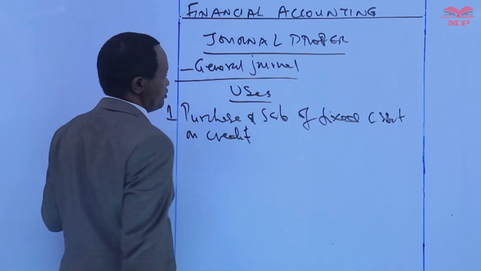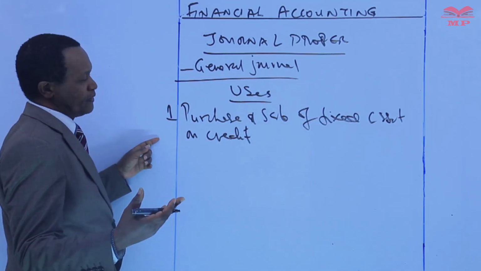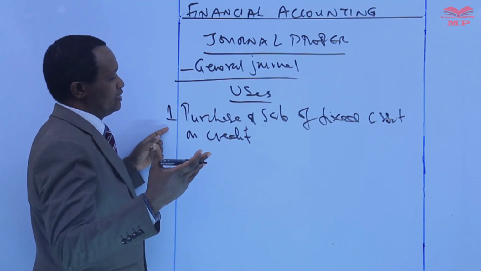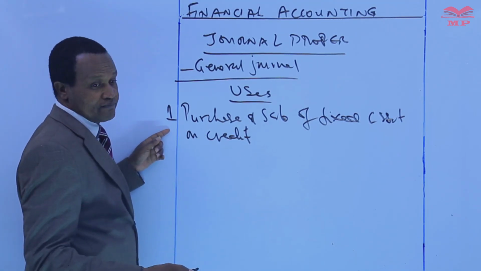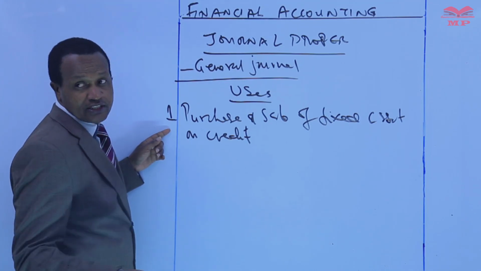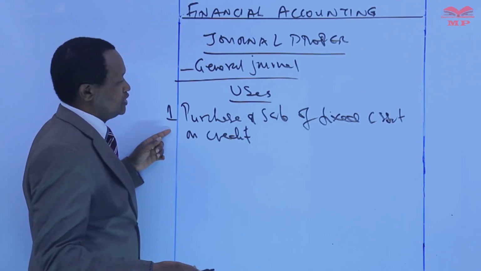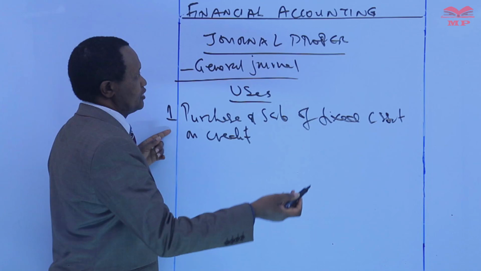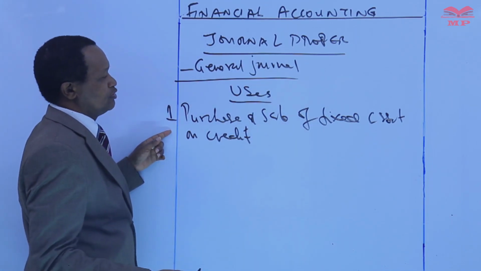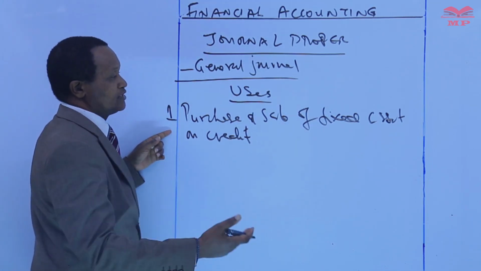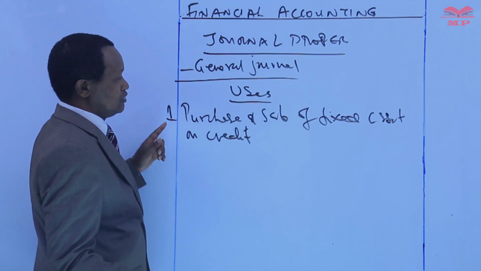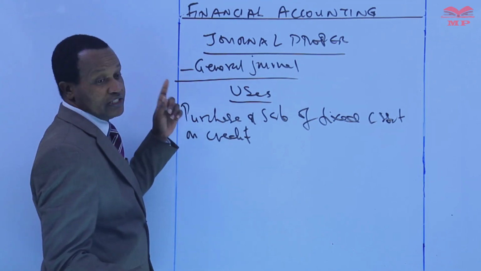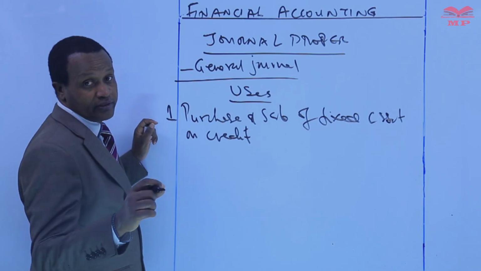The journal proper is used to record sale and or purchase of fixed assets on credit. So when fixed assets are bought on credit, then they may be recorded in the journal proper. If the company sells fixed assets on credit, the record of such a transaction is made in the journal proper.